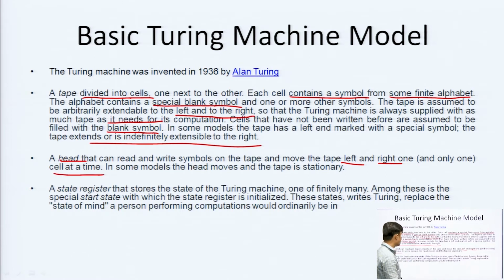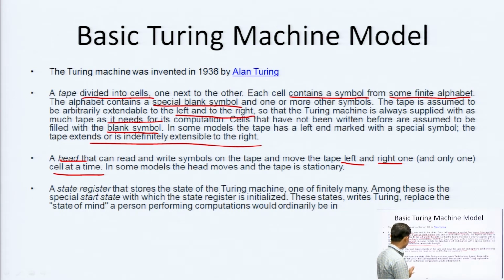The head points to an input symbol, and you can read it. If you want to replace it, you can write something there and move either left or right, but only one cell is modified at a time.